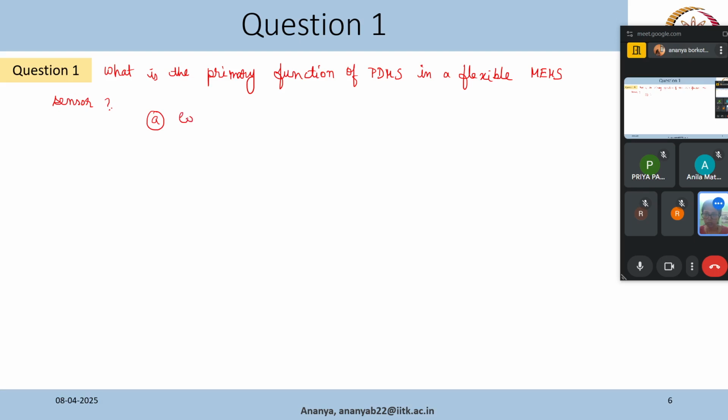Option A is conductive polymer. B is structural and flexible substrates.